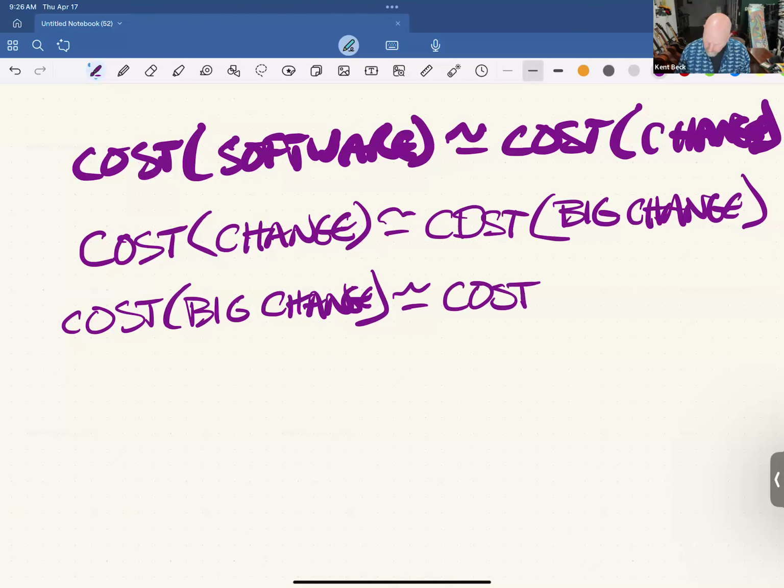So what makes the big changes big is this propagation of change from one element in the software to another element of the software.